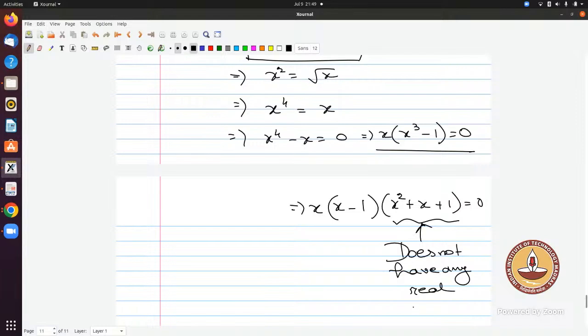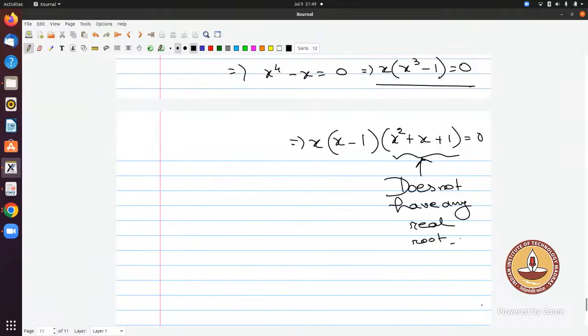How can we confirm that? How can we check that? The discriminant, right? That is b square minus 4ac, right? Yes. So b square minus 4ac, this part.